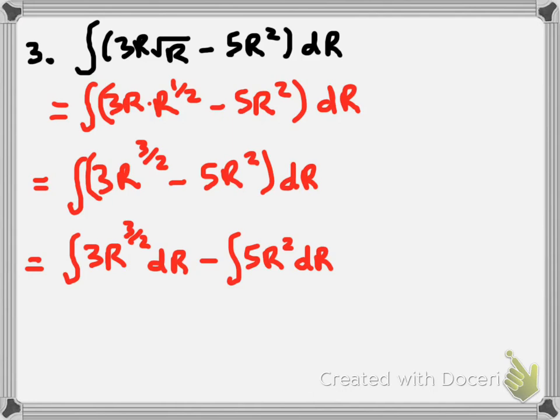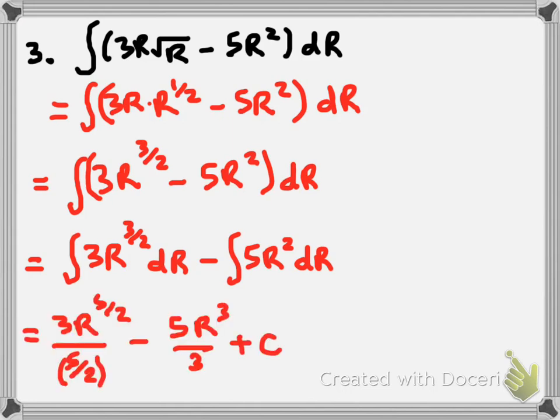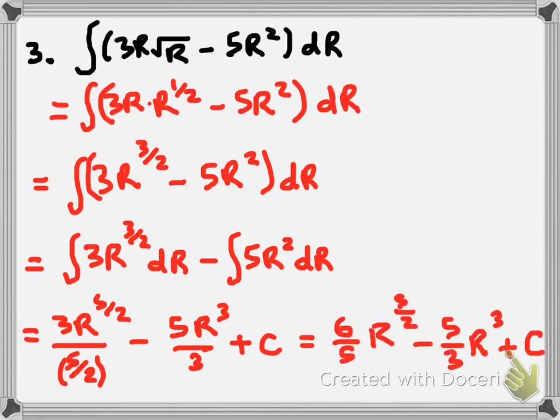Then you take the antiderivative of 3r to the power 3 over 2. If you add 1 to 3 halves, you get 5 halves, and you divide by 5 halves. Then 5r cubed divided by 3, and that will give you a final result of 6 over 5 r to the power 5 halves minus 5/3 times r to the power 3 plus c.